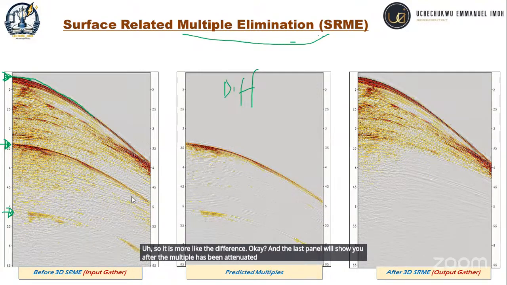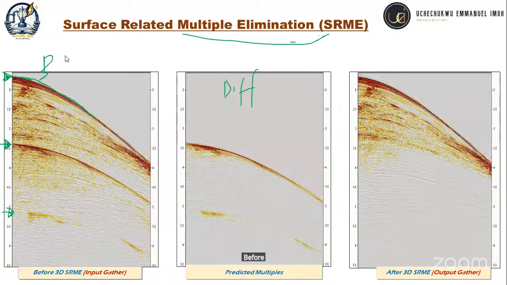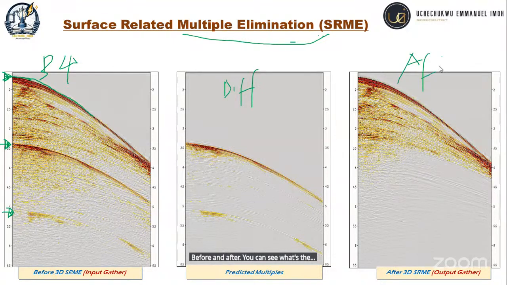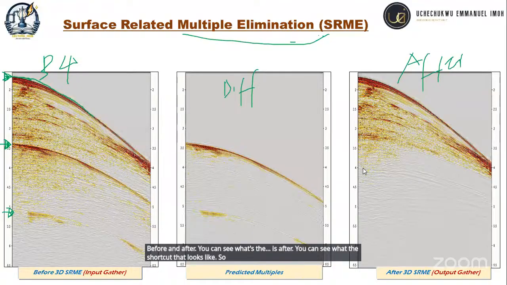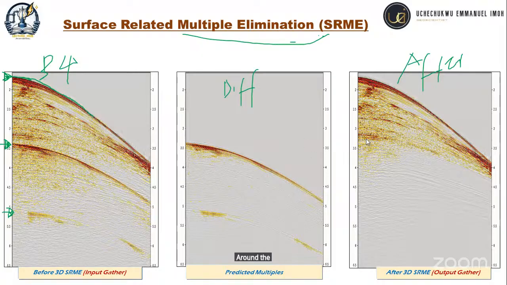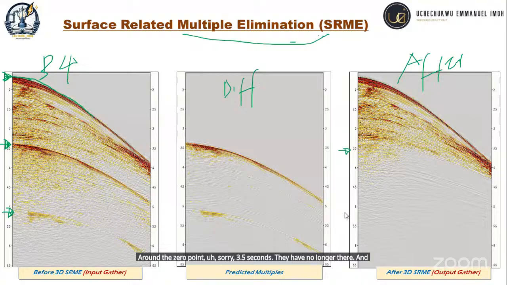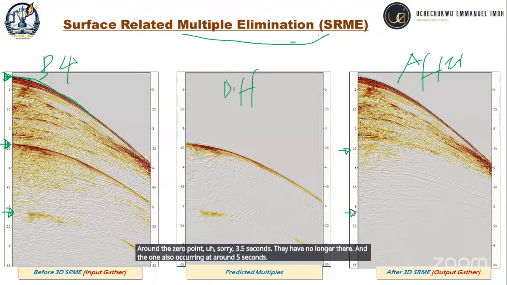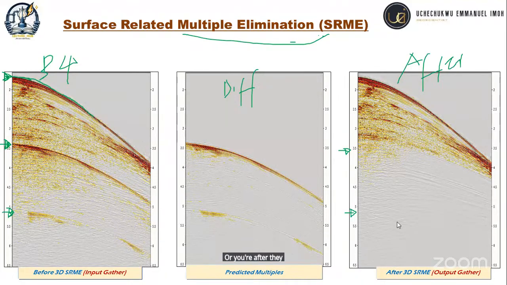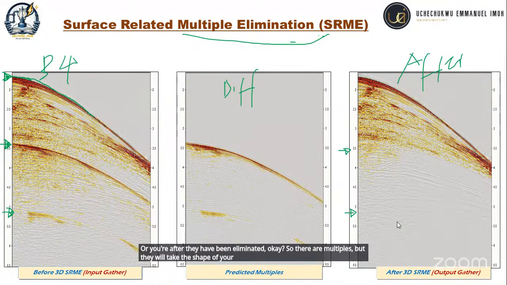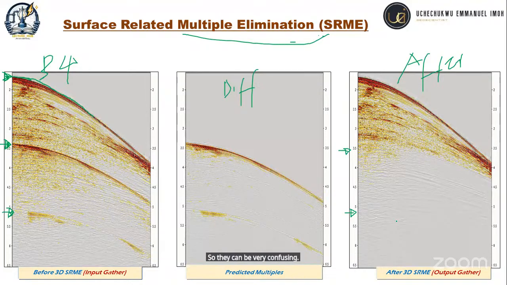So you can see before and after, and what the shot gather looks like. The events you are seeing in the before at the middle part around 3.5 seconds are no longer there, and the one also occurring at around 5 seconds on your after, they have been eliminated. So there are multiples, but they will take the shape of your events, so they can be very confusing.